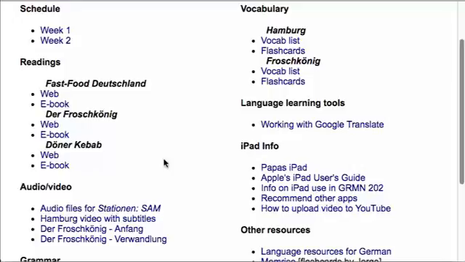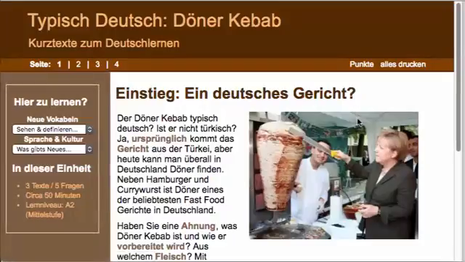One of the topics that we dealt with in this class, this is a fourth semester German class, is fast food in Germany. And so I created some lessons on fast food, as well as one on a particularly popular fast food in Germany, doner kebab. And so these are open resources that I've created that are shareable for this class.